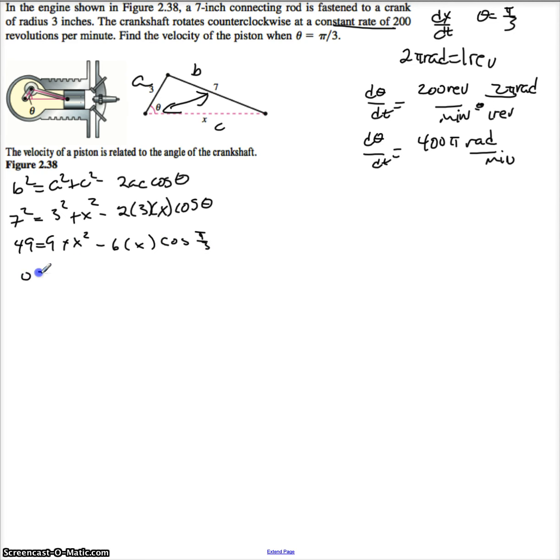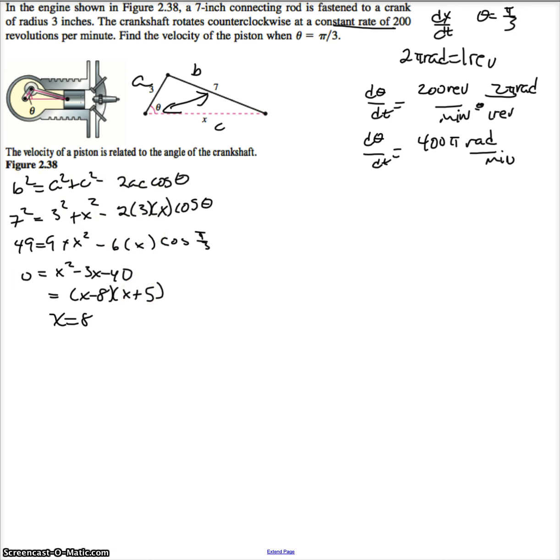If I rearrange, this is just 0 equals x squared minus 3x minus 40. So this becomes (x minus 8) times (x plus 5). And I'm only worried about the positive one, so x equals 8 is what I'm concerned about. In real physical applications, you really only want the positive answer.